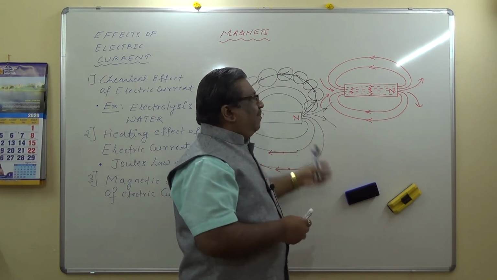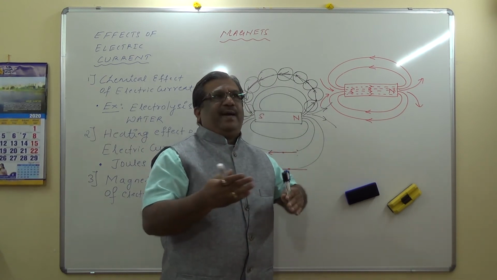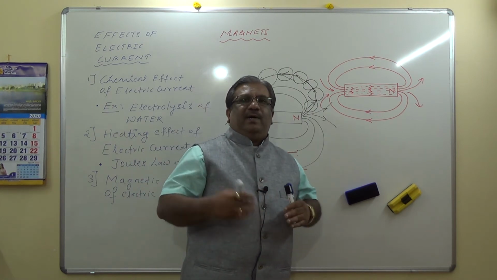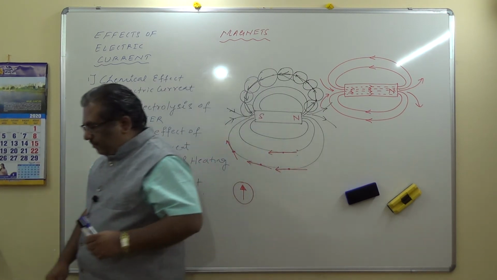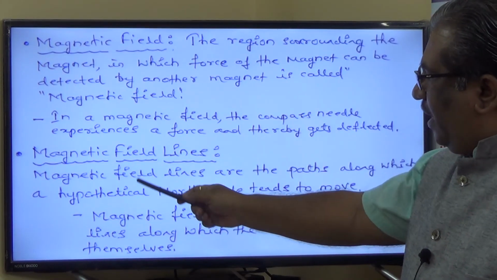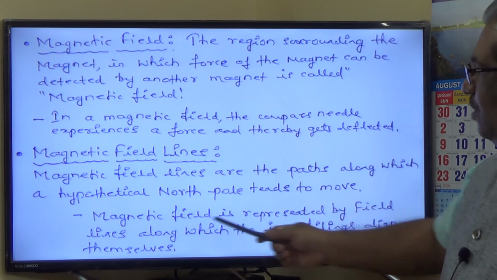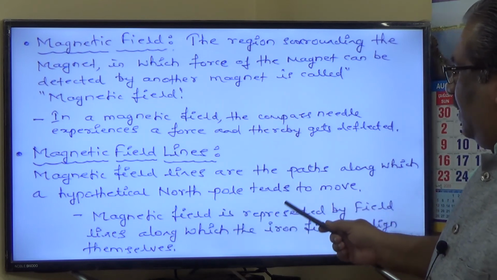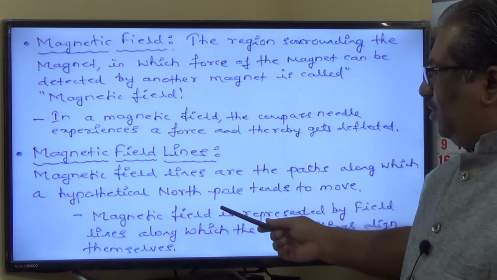That's all about the magnet, and a couple of things are there, magnetic field line properties, which we'll have a look at in the PPT once again. So magnetic field lines are the paths along which a hypothetical north pole tends to move. Why does a hypothetical north pole tend to move?